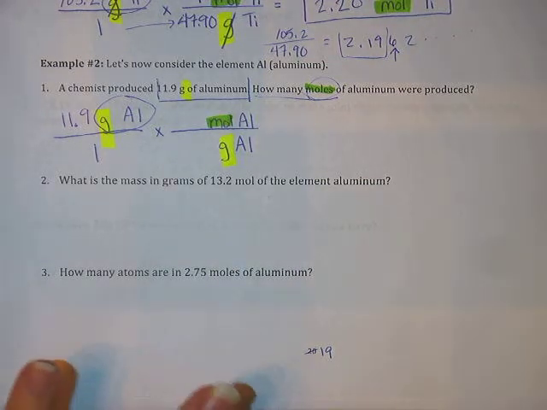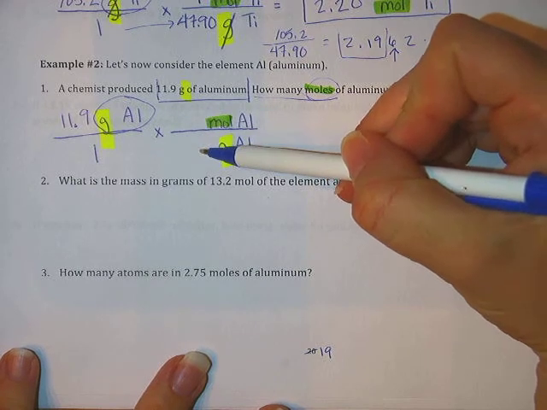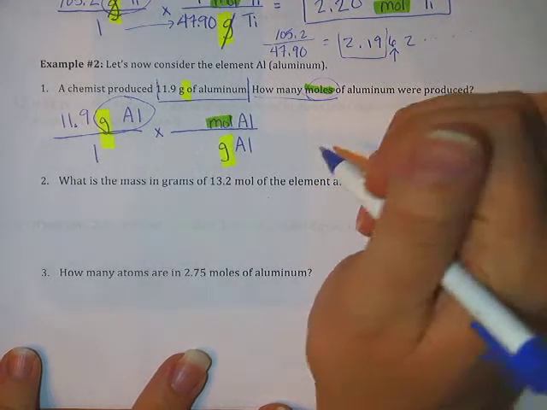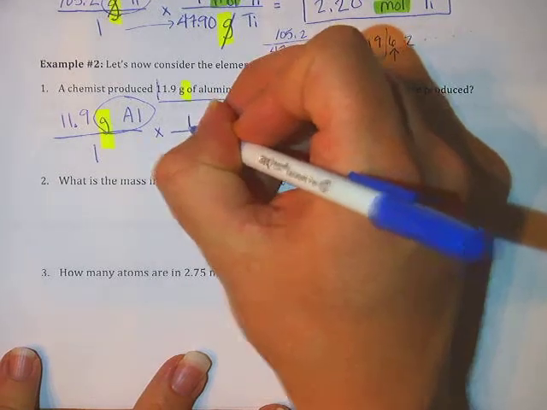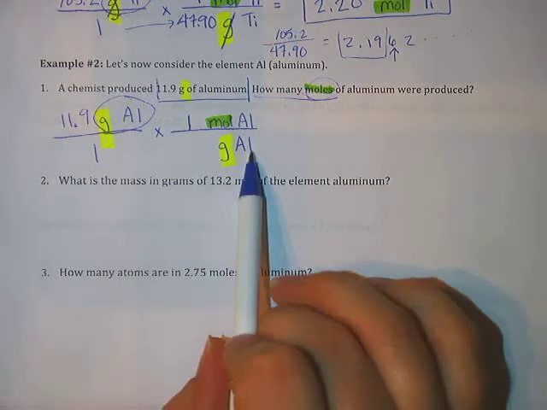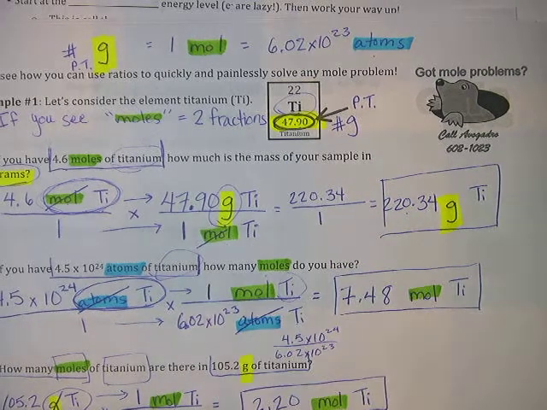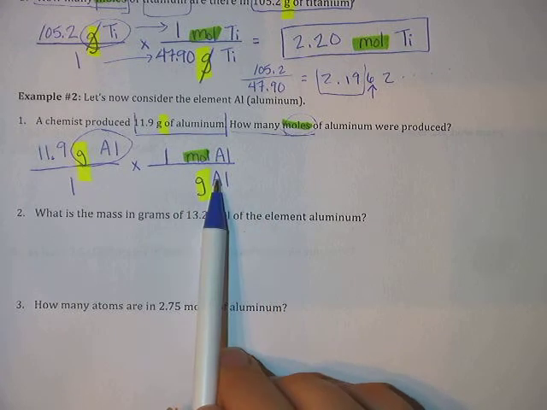And to fill in the numbers that go here, again, we have a shortcut rule. Green is always 1 mole. Grams come from the periodic table. Now this is aluminum. Earlier we were using titanium, which is 47.90, but we've now switched elements. We're not using titanium anymore in this problem.